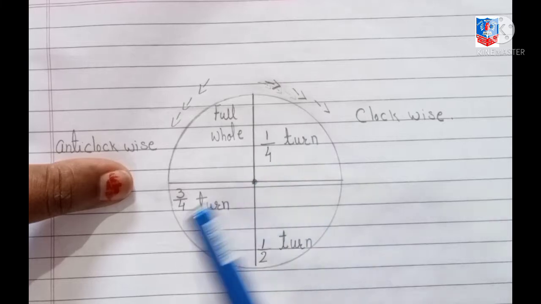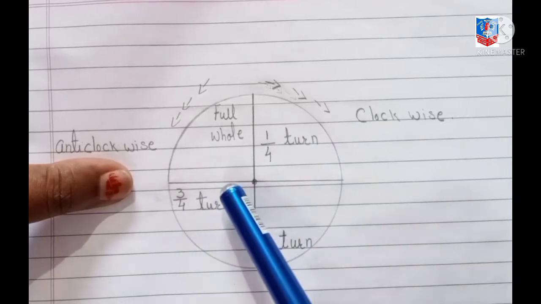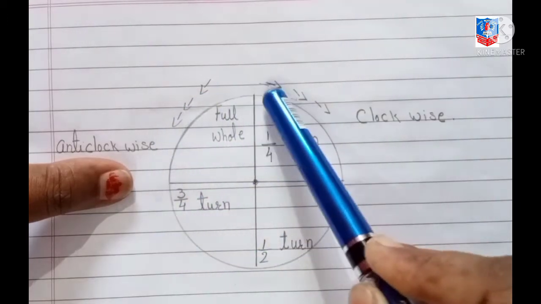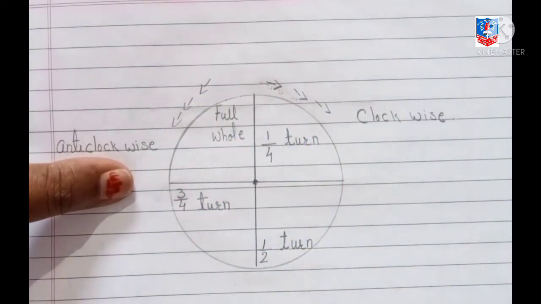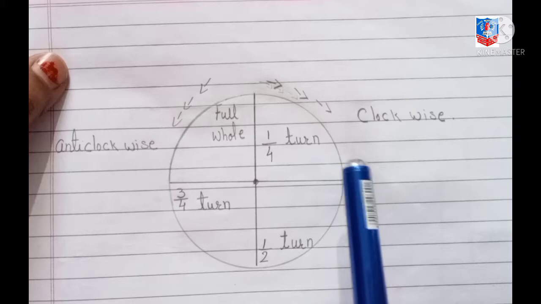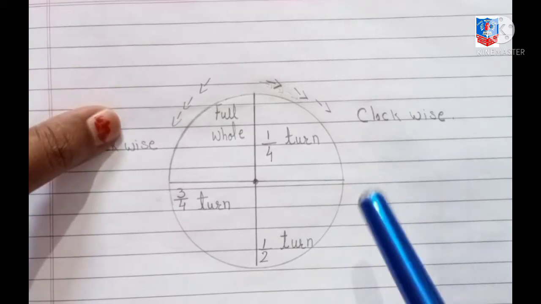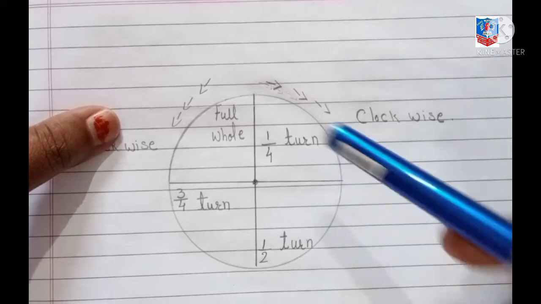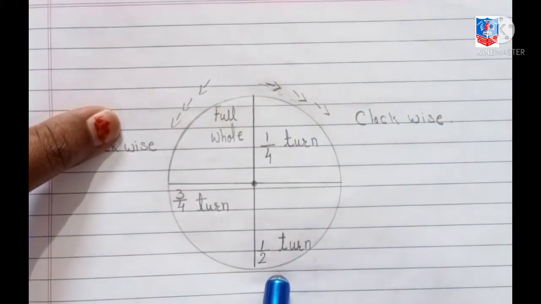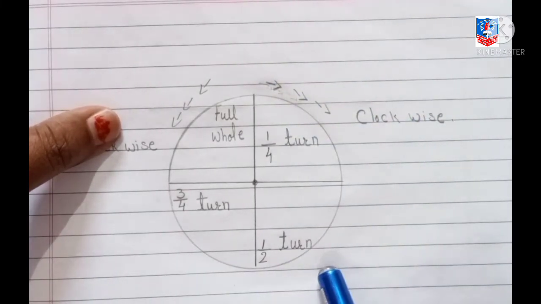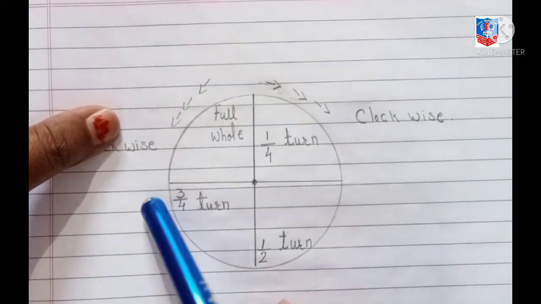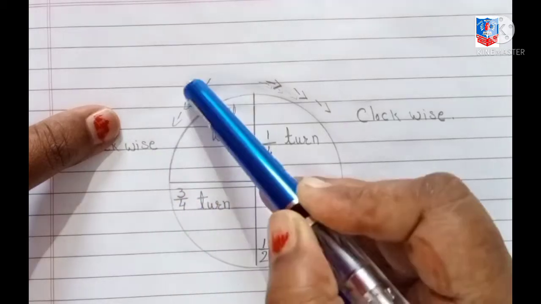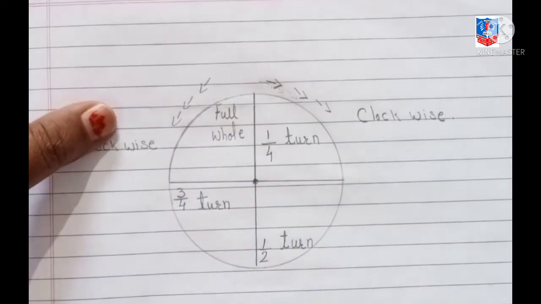Then from here to here, this is a full rotation, that is 360 degrees. Understood? A 1/4 turn is 90 degrees. A half turn is 180 degrees. A 3/4 turn is 270 degrees and a full rotation is 360 degrees.